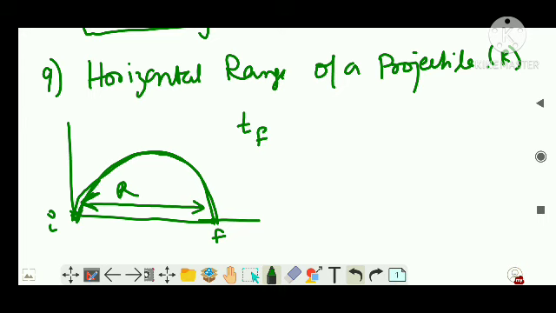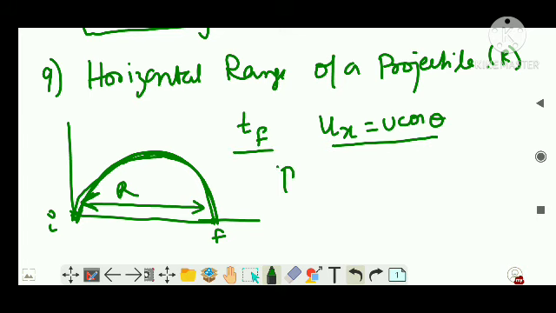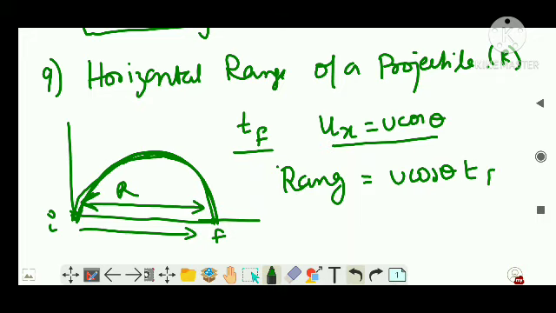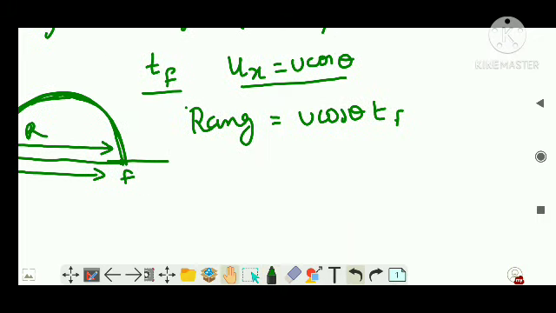And what type of velocity contributes in the x direction? It is ux, which is equal to u cos theta. That contributes to the displacement in the x direction, right? And time of flight is Tf. So obviously range, which is the distance from here to here, is velocity into time. That is u cos theta into Tf, right? So in place of Tf, what is the equation?